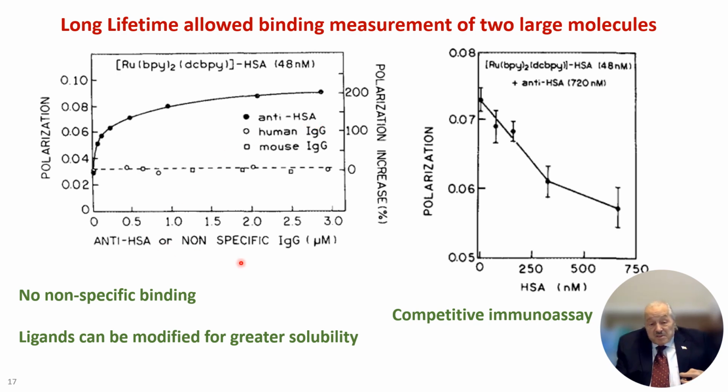If it's a non-specific immunoglobulin, we get no change. And it even works in a competitive format. Not a lot of data points there, but we just didn't do that many. So all I can say is that it does work. Having this larger lifetime is useful for measuring binding between two large molecules.